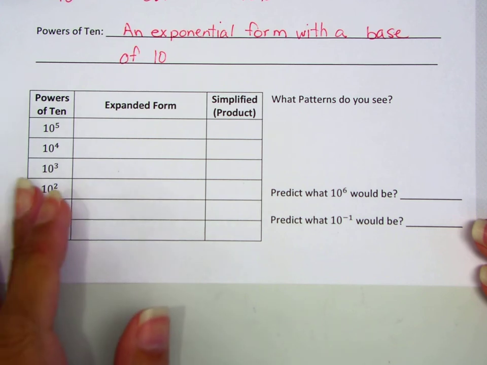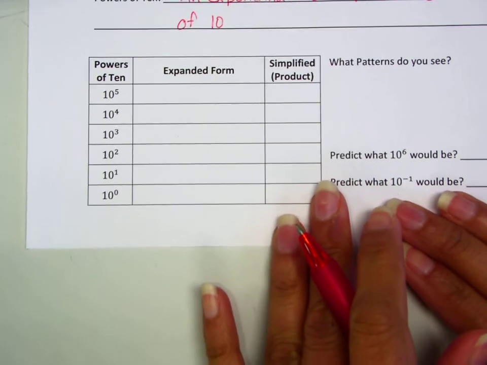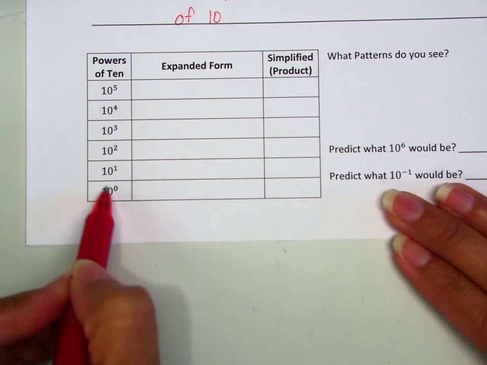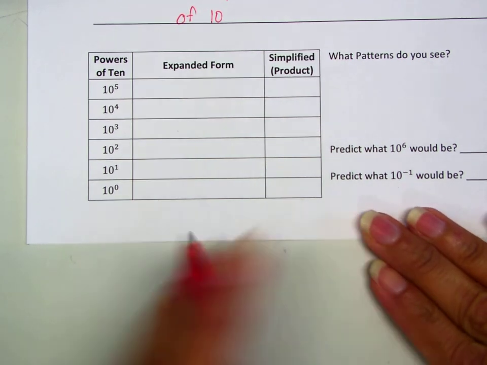So we can write any of these in the table as a power of 10. And they all have positive exponents. So let's talk about expanding each one of those.